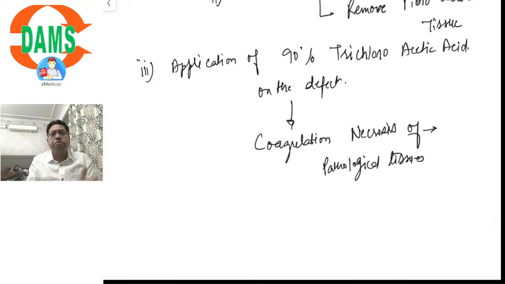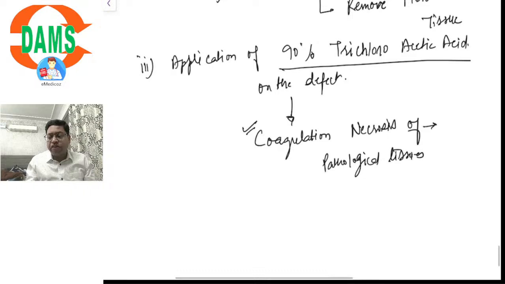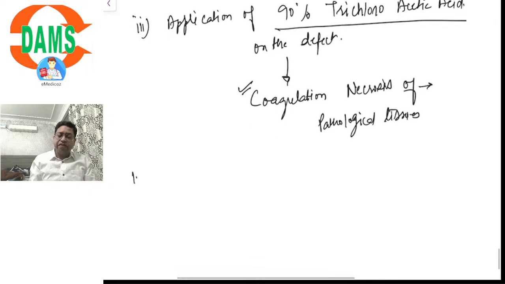Firstly, we would remove the fibrovascular tissue by hand instrumentation, then the fibroosseous tissue by mechanical instrumentation, and whatever microscopic pathological tissues are left would be removed by application of a chemical, that is 90% trichloroacetic acid. This causes coagulation necrosis of the tissue, and in the fourth step, it is rinsed off.